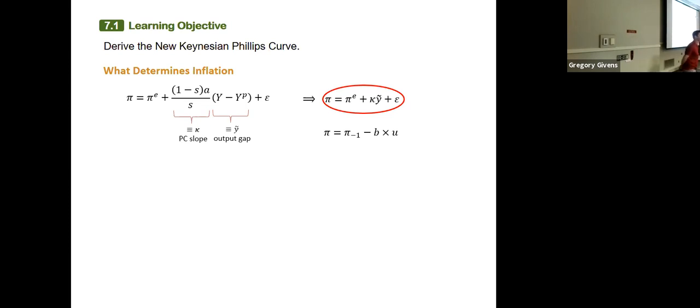There are two extremely important differences that I want you to know about. Number one, what measure of inflation on the right-hand side of the equation is driving current inflation? In the New Keynesian Phillips curve, what matters for current inflation is expected inflation, not lagged inflation.